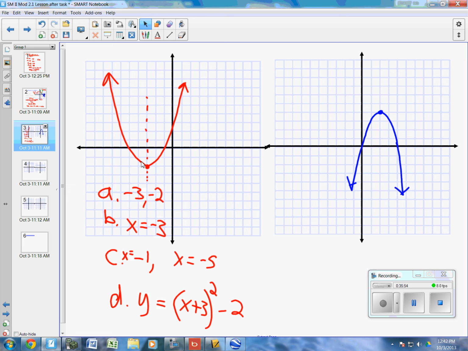Okay, you guys, A, find the vertex. B, the equation of the axis of symmetry. C, I want you to find the x-intercepts. And D, the vertex form of the equation.